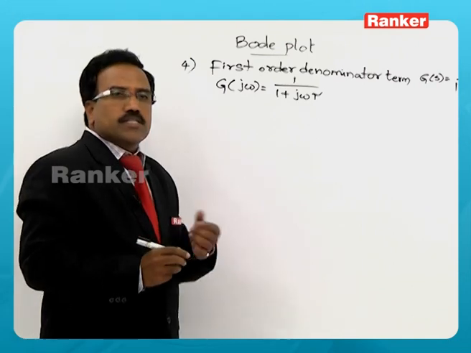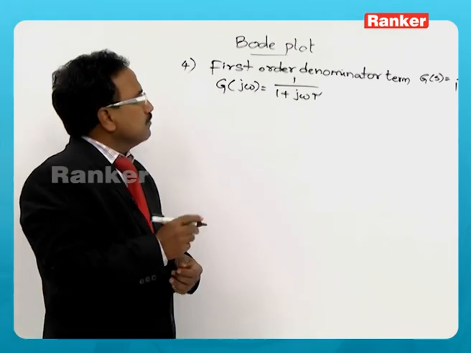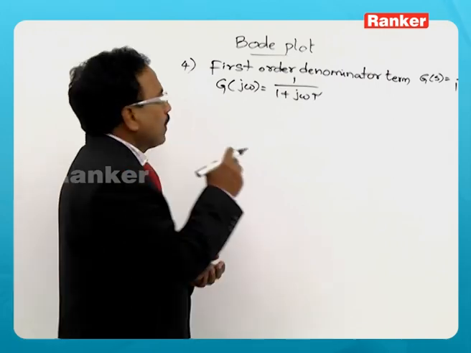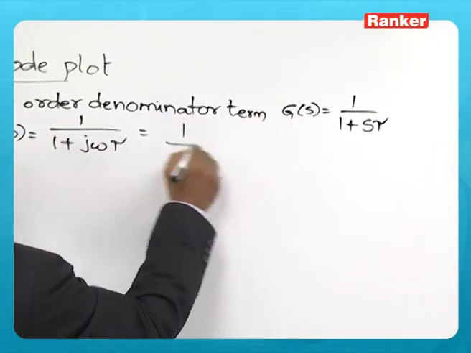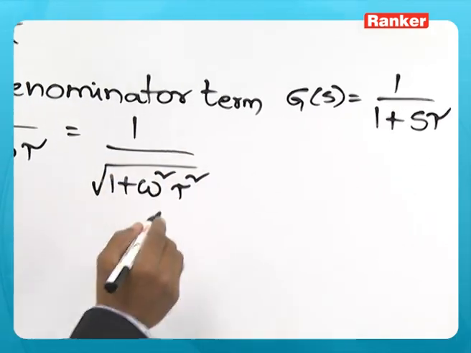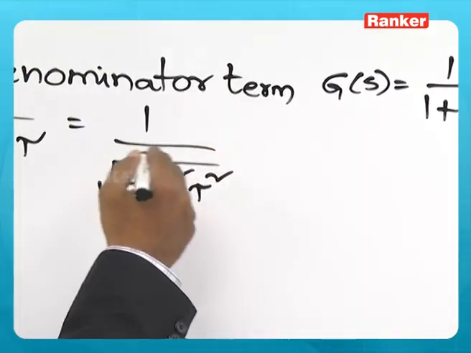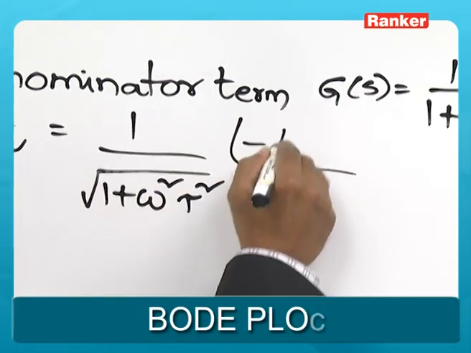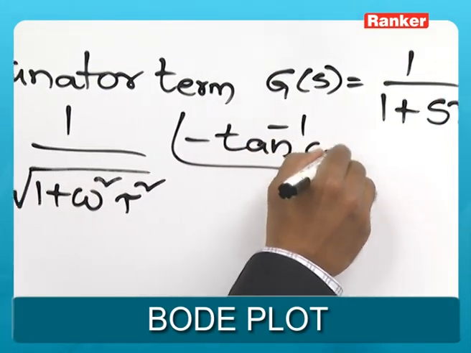As this is a sinusoidal function, it consists of magnitude as well as phase angle, and this is given by 1 by under root of 1 plus omega square tau square, and the phase angle minus tan inverse omega tau.